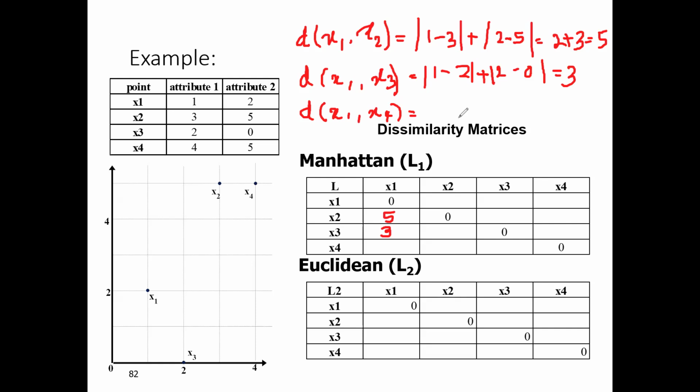So this is D of x1 comma x4. The distance between x1 and x4 is 1 minus 4, plus 2 minus 5. You see that this is 3 and this is 3 again, so it will be 6. So this will be 6.